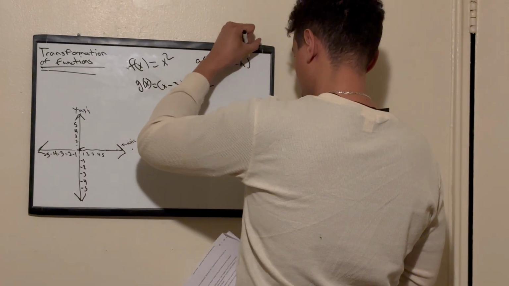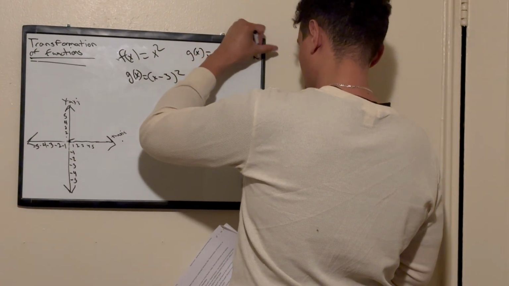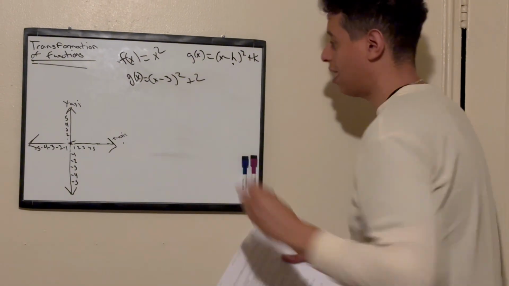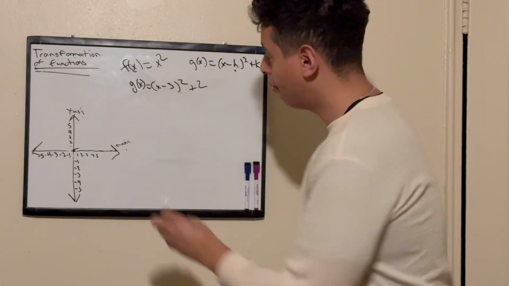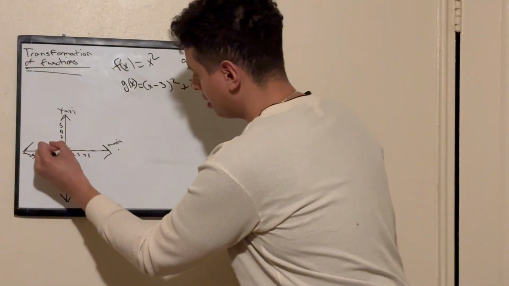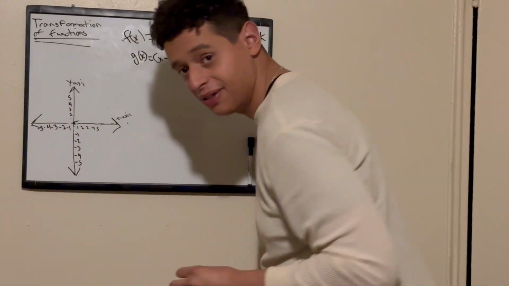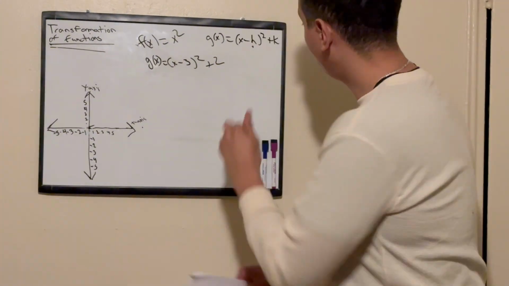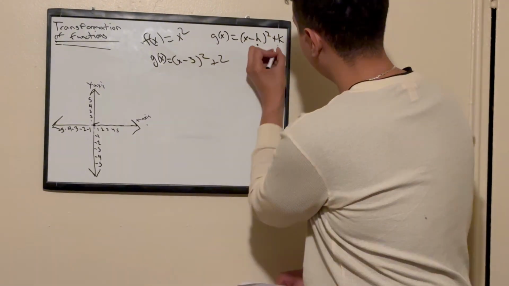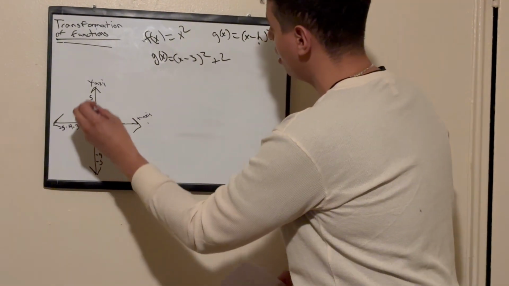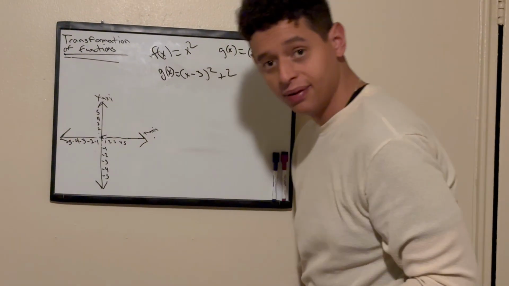Minus h plus k. This will go horizontal. So that means that we'll move the center of the vertex 0, 0 three units to the left. And the 2 right here, similar to this one, means we move it 2 units upward.